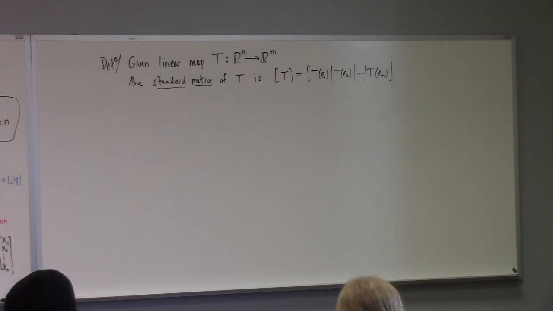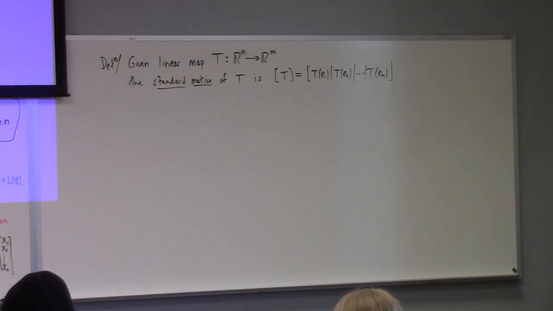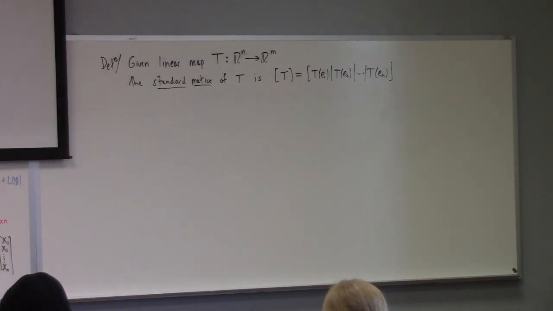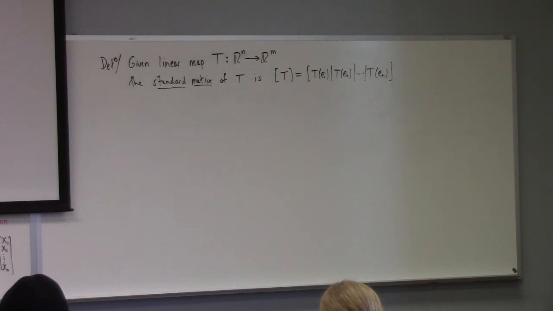I have in the notes a whole slew of examples where I've done exactly what I did in example 2, which is to study what happens to the unit square when we map it under a given linear transformation. And I even have some higher dimensional examples. So let me show you.